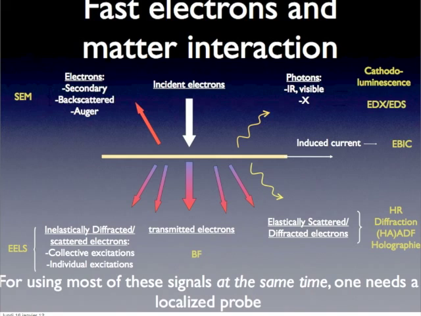There is a last kind of signal that I won't discuss today, but that is more and more used in scanning transmission electron microscopes. These are signals that are usually used in scanning electron microscopes, so with no transmission: all the electrons like secondary electrons, backscattered electrons, or Auger electrons.